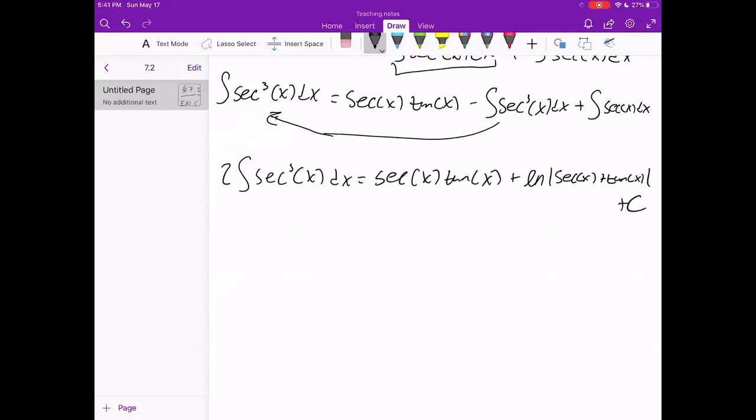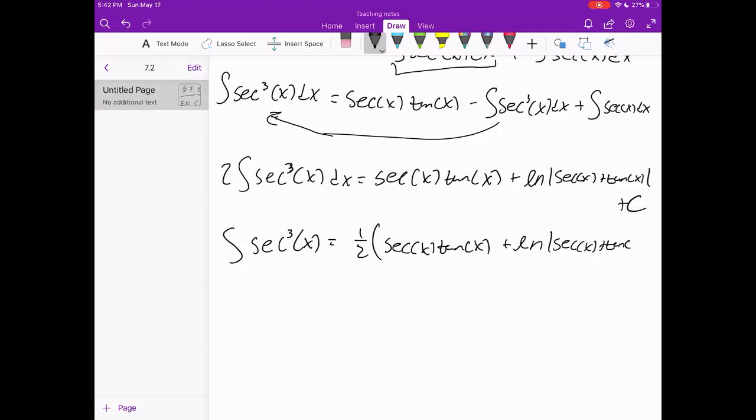So what I get then is the integral of secant cubed of x is 1/2 secant of x tangent of x plus ln of the absolute value of secant of x plus tangent of x plus my arbitrary integration constant.